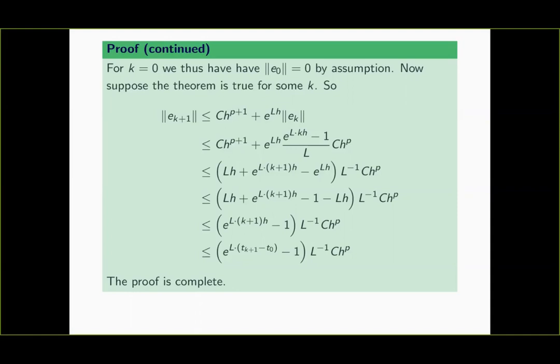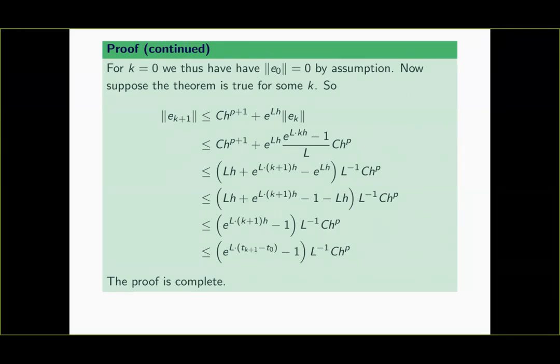Using the induction assumption, I can replace the Euclidean norm of ek by the following, namely exponential of L times k times h minus 1 divided by L, and then times c times h to the p. We recall that k times h is just the difference tk minus t0.